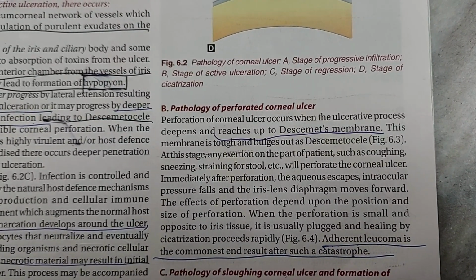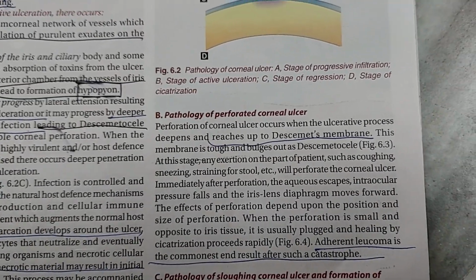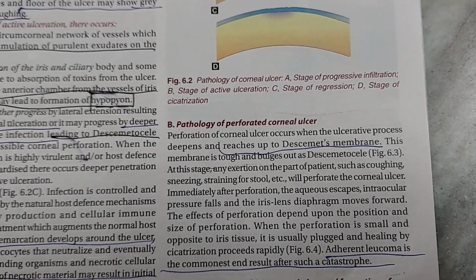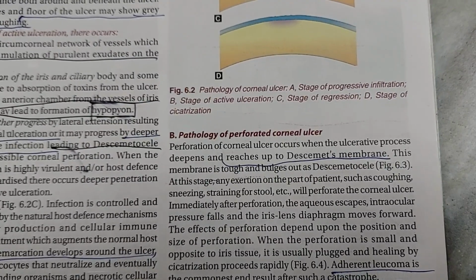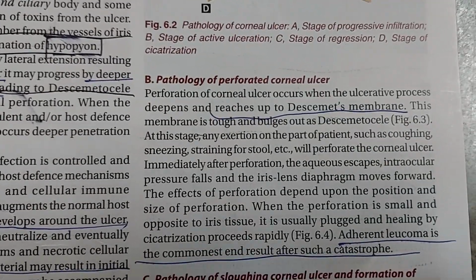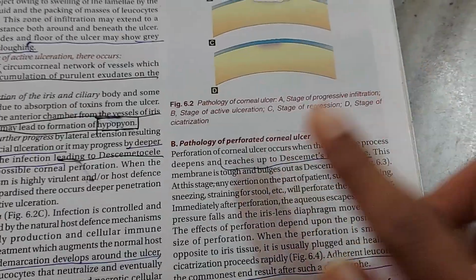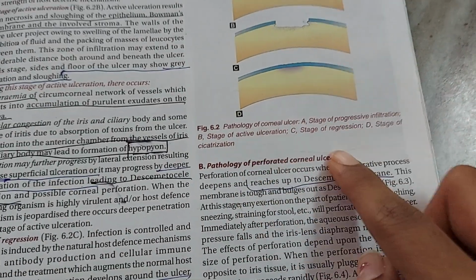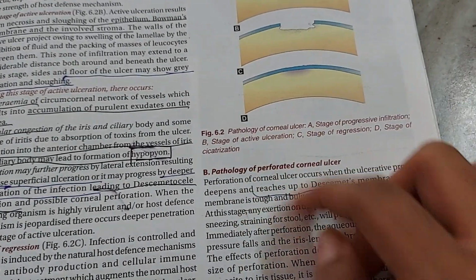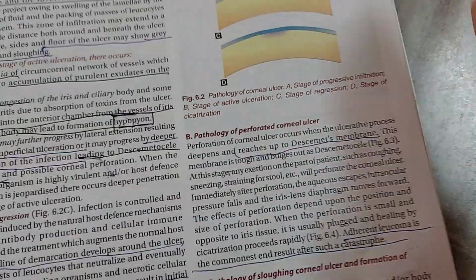So it causes thinning of the cornea, right? So it causes a bulging, which is known as descemetocele. Why does this cause bulging? Because there is aqueous humor inside, and there will be a rise of intraocular pressure due to infection, and the cornea is getting thinned out.